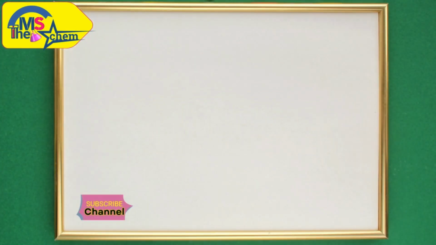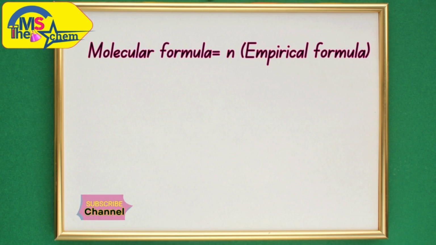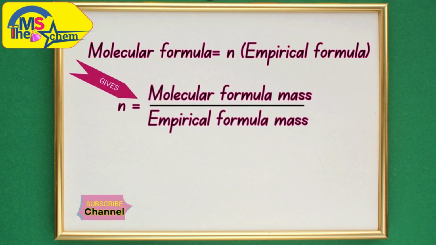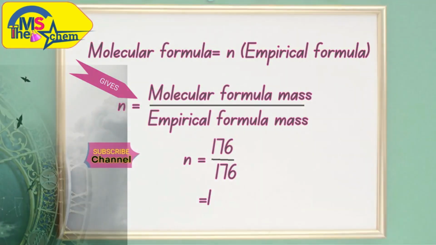Now the relationship between the molecular formula and the empirical formula is used to determine the value of n. Molecular formula is equal to n multiplied by the empirical formula. So n is equal to molecular formula mass over empirical formula mass. Putting in the values, 176 over 176 comes out to be 1. So n is equal to 1.